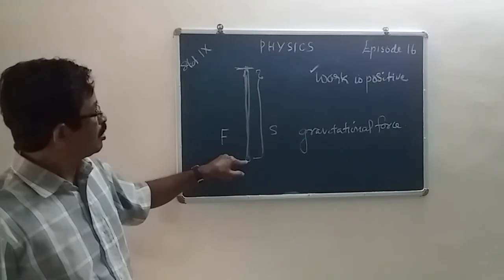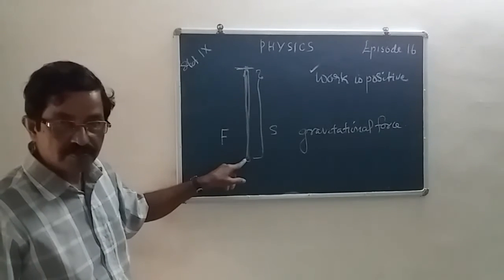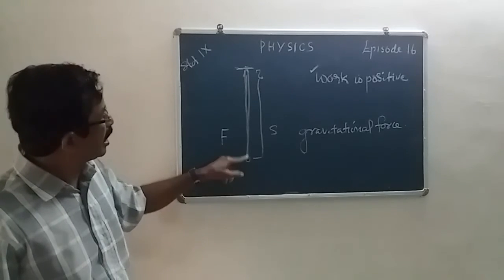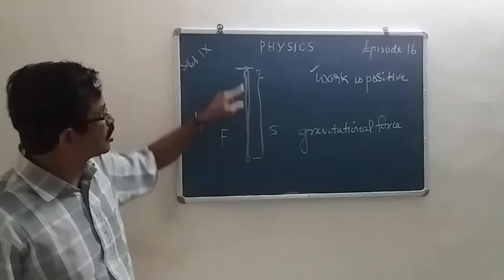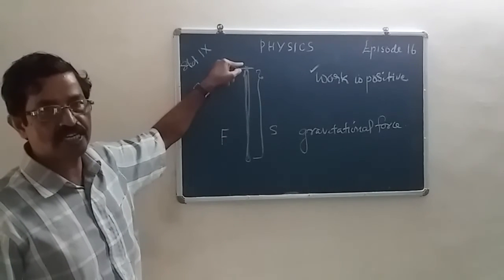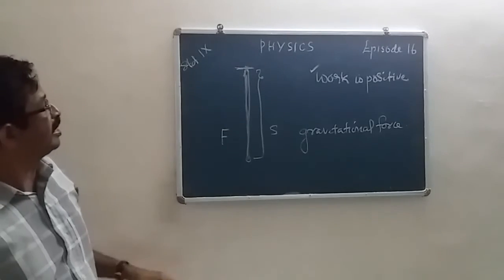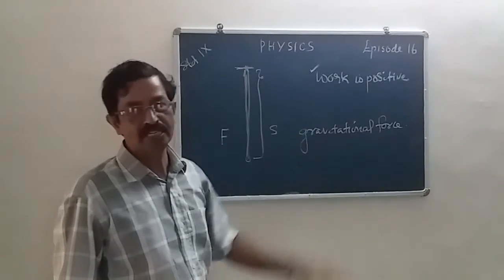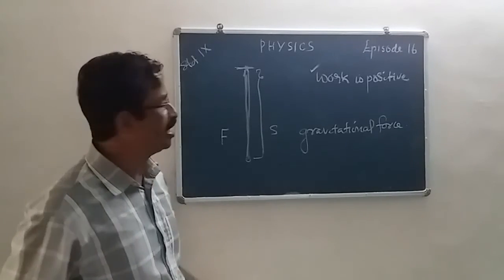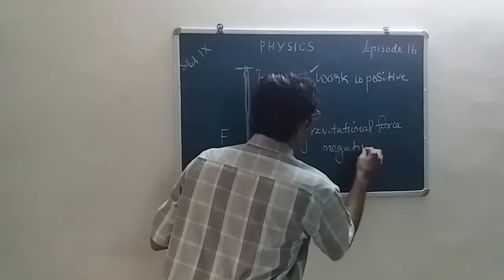See, gravitational force is acting downward, but the displacement is in the upward direction. So the work done in this case, that is work done by the gravitational force here, is negative.